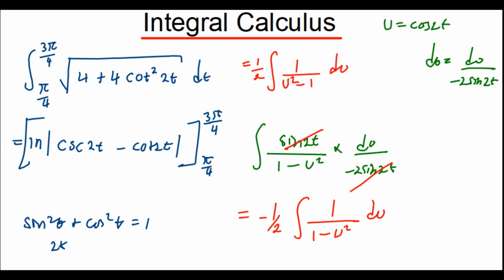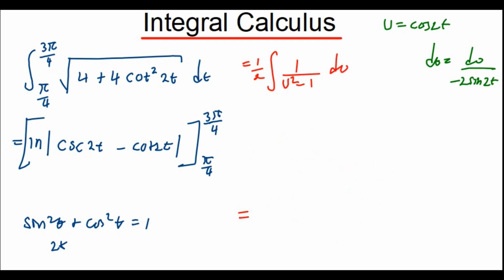Wow, very interesting. So now, how will this be? This is going to be 1 over 2, integral of 1 over u minus 1, multiplied by u plus 1. That's why I was talking about breaking this one down into its equivalent partial fractions.